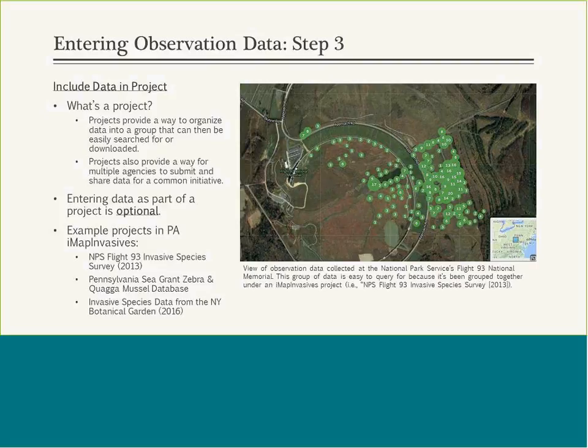And we just recently entered data from the New York Botanical Garden, and so that is also part of a project as well. So, not a requirement, but sometimes it makes a lot of sense because these are the sorts of things that you want to be able to query for that data all at the same time. And doing that via a project is very easy to do.